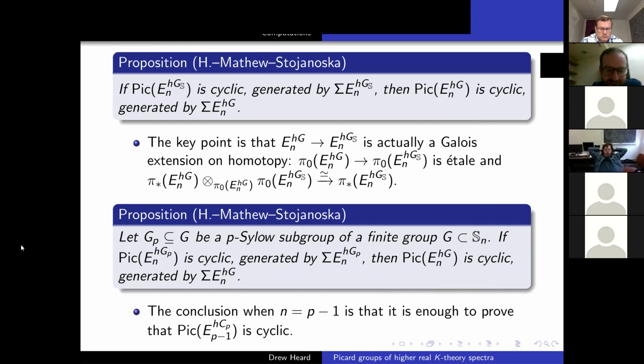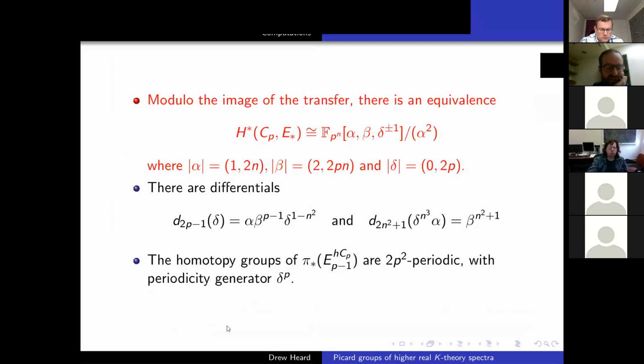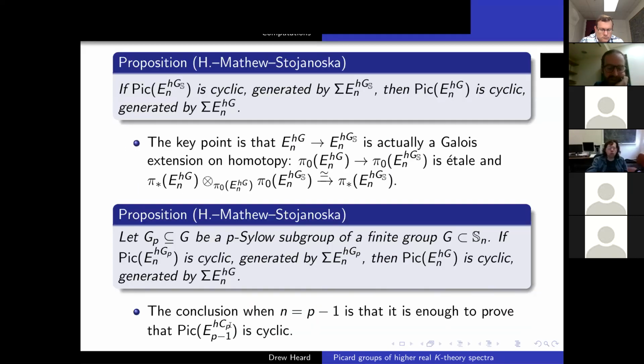So when n equals p minus 1, the subgroups of S_n have been classified by Hewitt, and in this particular case, combining these two theorems, we can reduce to the p-Sylow subgroup. It just turns out that this is just C_p.